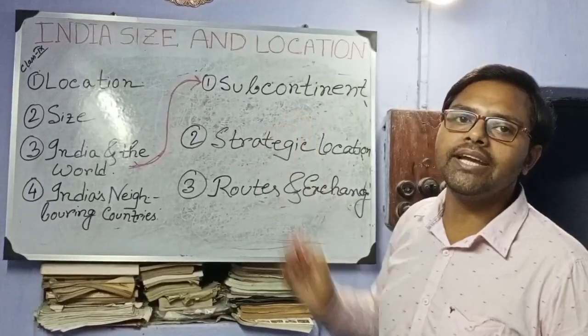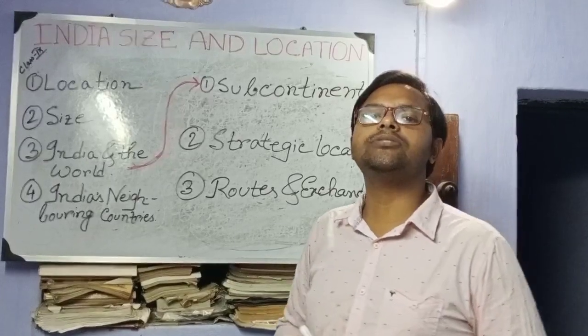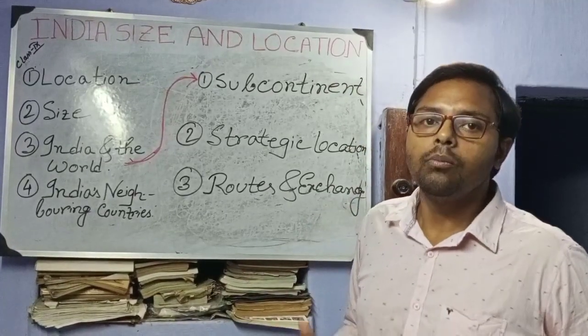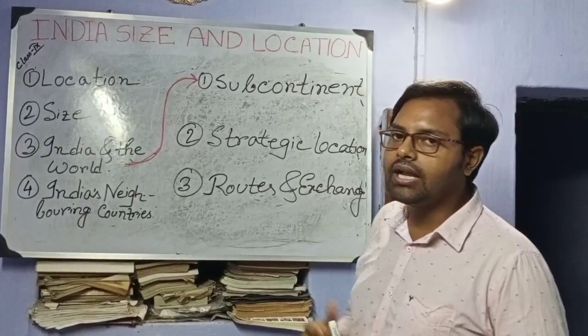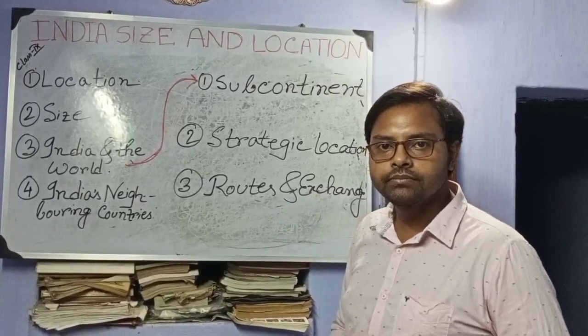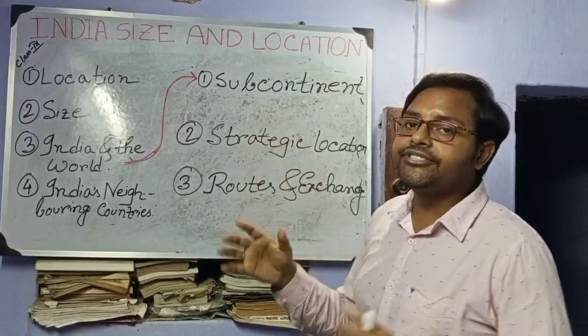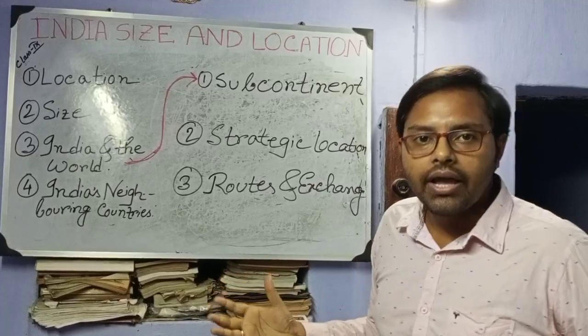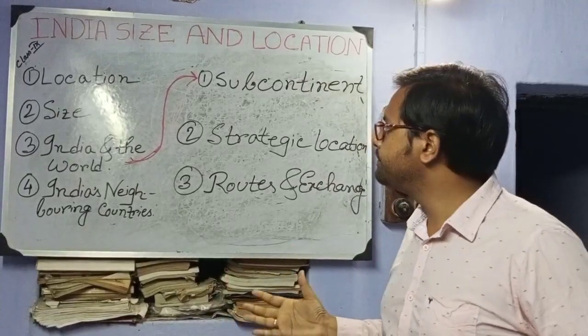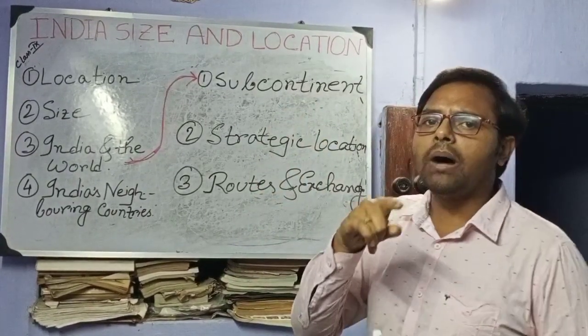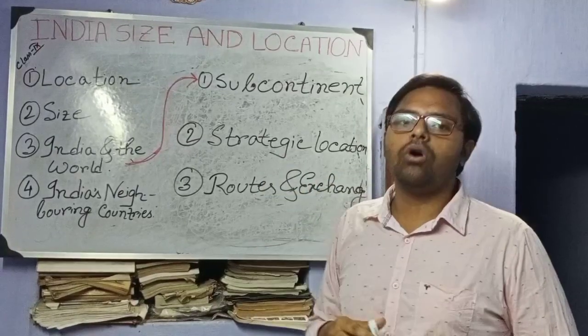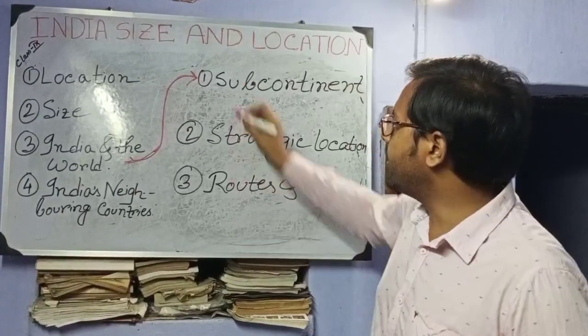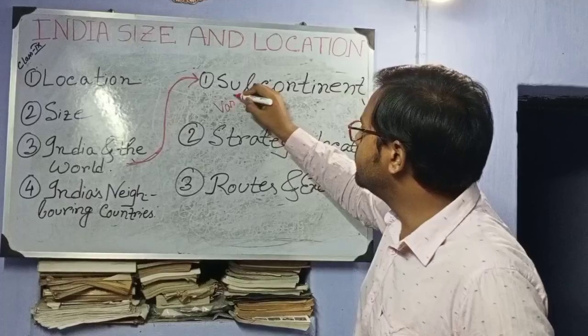Subcontinental position means we have already said that India is known as a subcontinent. Why? Because it is situated in southernmost Asia, it has a vast area, and it is bounded by water on 3 sides.